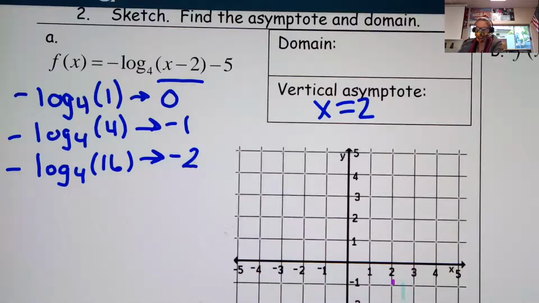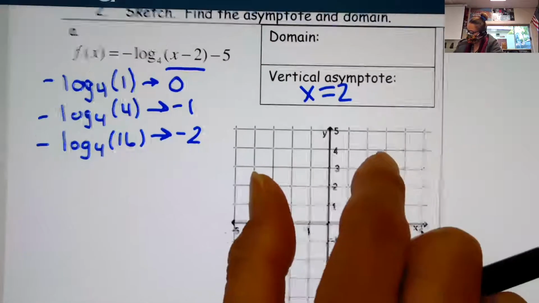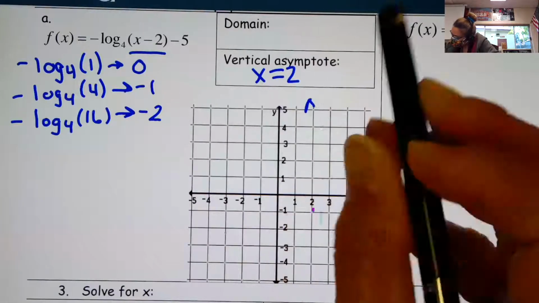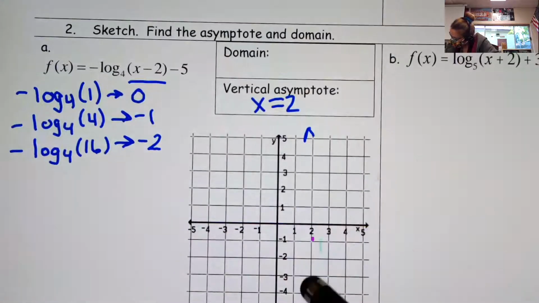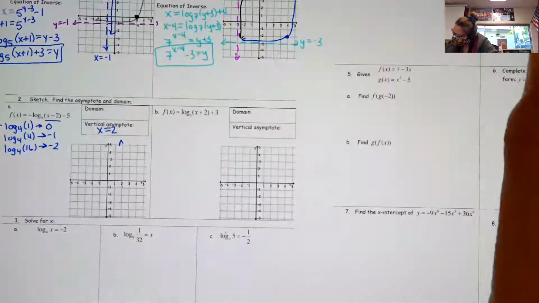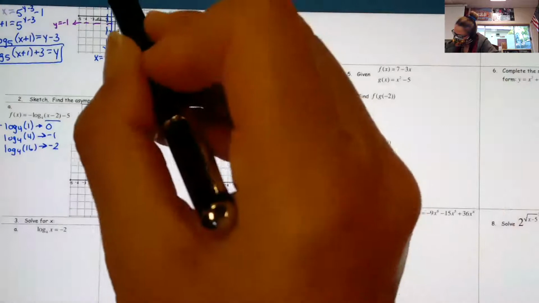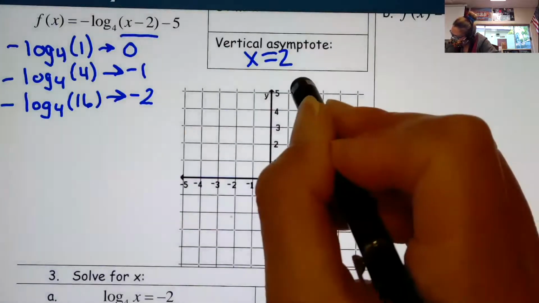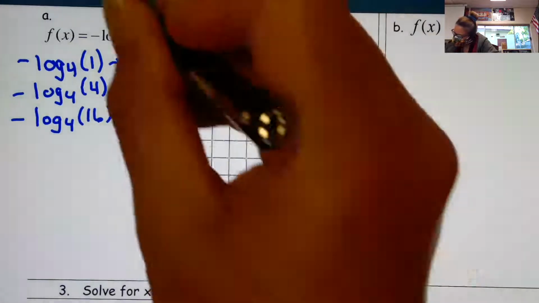Now the 16 is not going to fit on my graph. Okay, so I'm going to go to x equal 2. I'm going to have my vertical asymptote here.